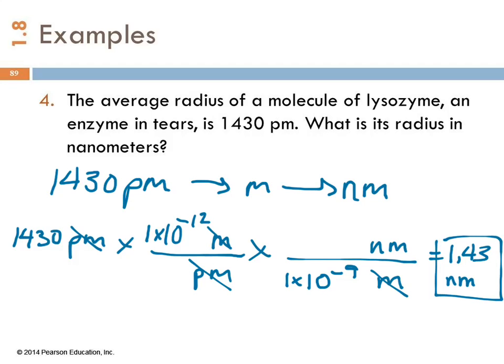If you're dividing, you take this one and subtract the one you're dividing by. So minus 12 minus a minus 9 is minus 3. And so then you've got 1430 times 10 to the minus third. You're just moving the decimal point over 3 places and you get 1.43.